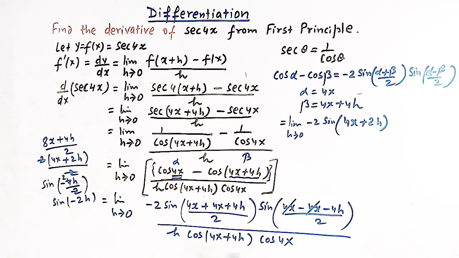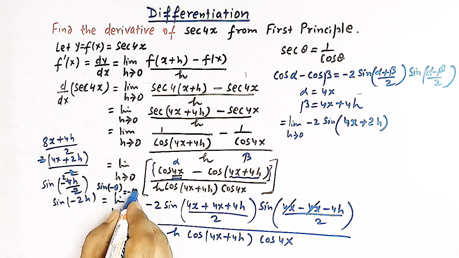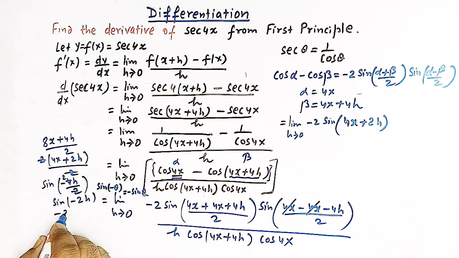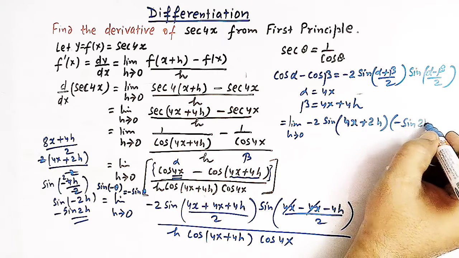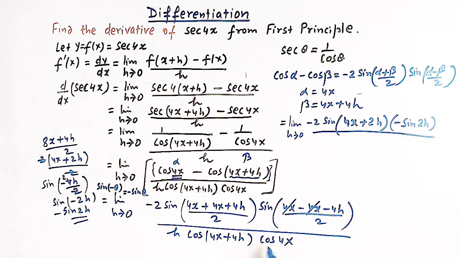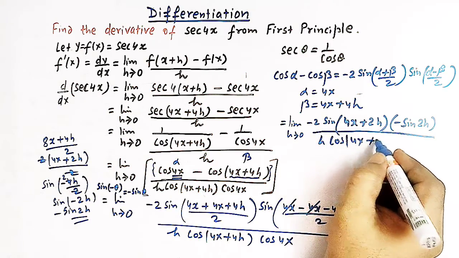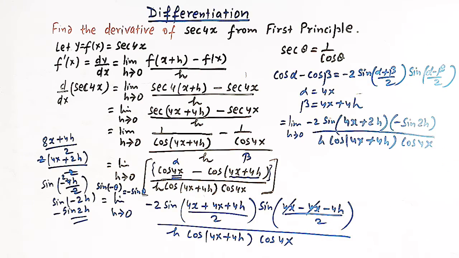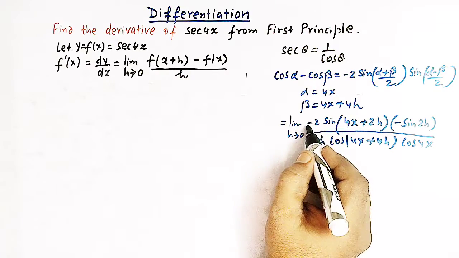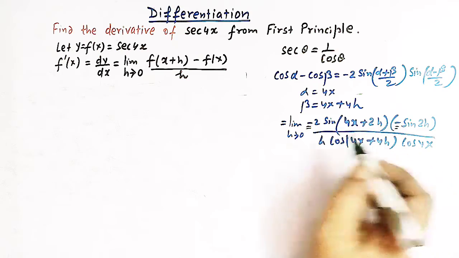From trigonometry we know that sine of minus theta is minus sine theta. So here we have minus sine 2h, and in the denominator we have h cos of 4x plus 4h, and cosine of 4x. Now this negative sign and this negative sign, when multiplied together, become positive.